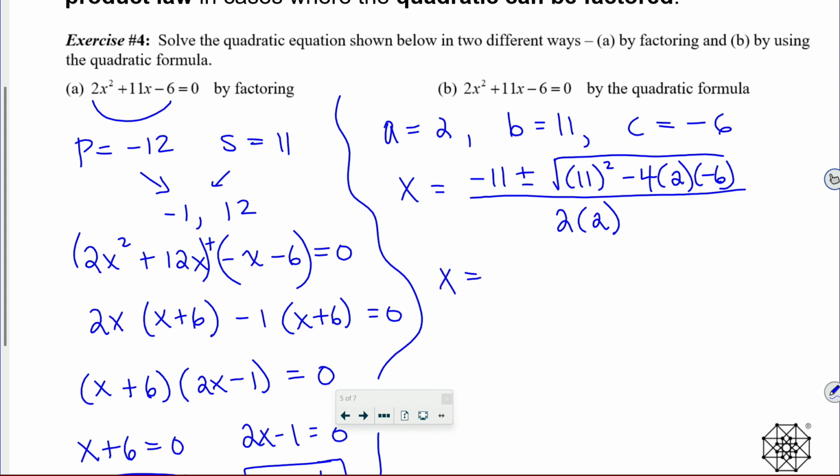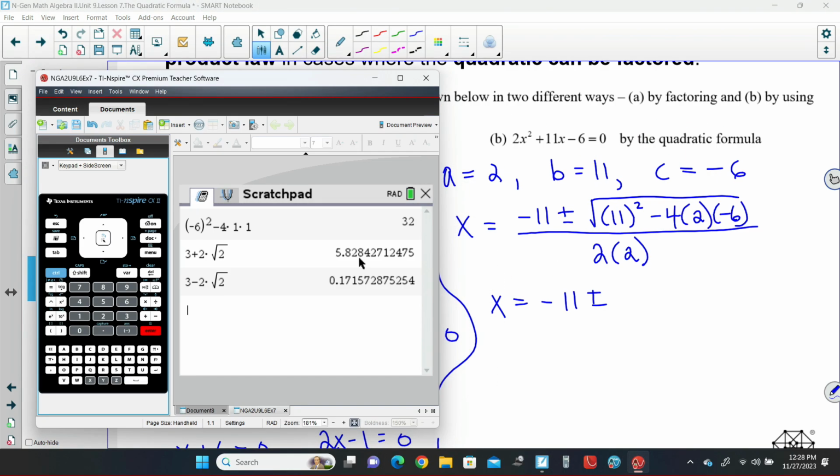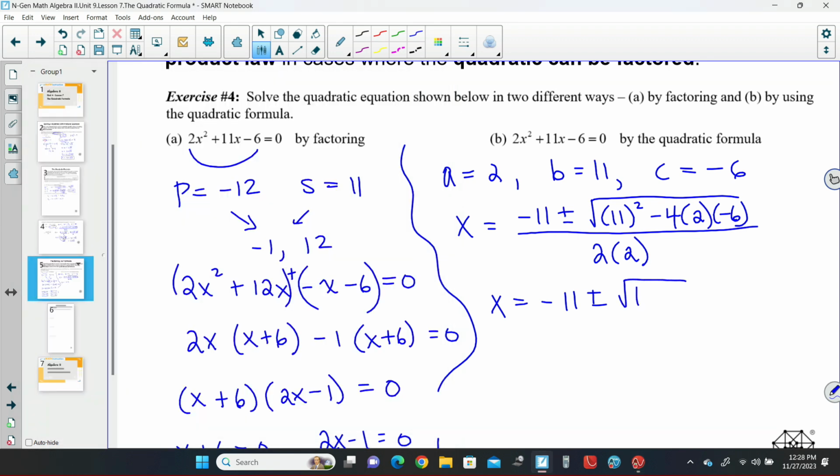Again, the most important part of this is really getting that number correct under the square root, known as the discriminant. So if I just take my calculator, 11 squared minus 4 times 2 times negative 6, that gives me 169 under the square root.